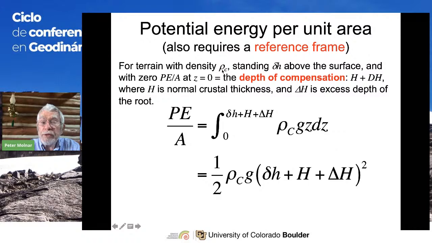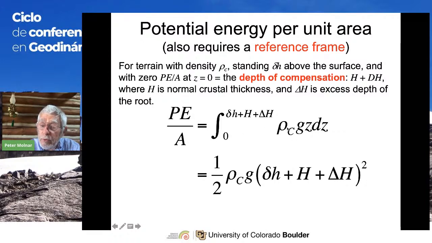So for terrain with density ρc, c for crust, standing little Δh above the surface, and with 0 potential energy per unit area at z equals 0, which is the depth of compensation, at a depth below the surface of H plus, that should be a ΔH. I failed to change that to Greek. Where H is the normal crustal thickness and ΔH is the excess depth, we simply have this integral.